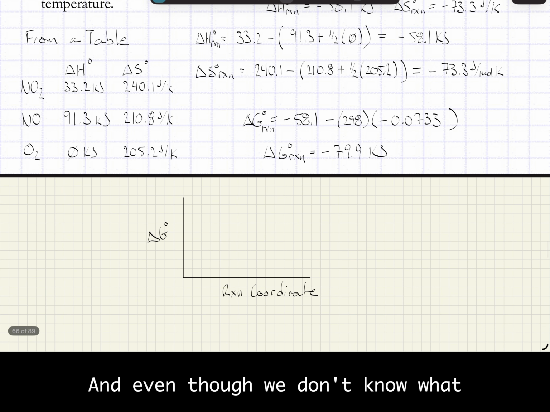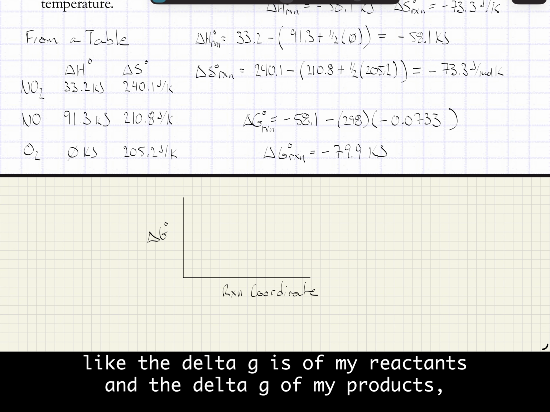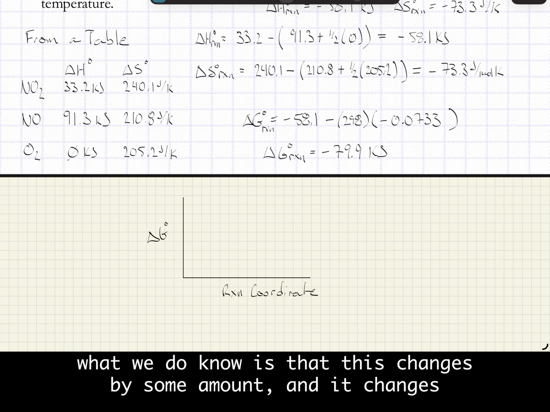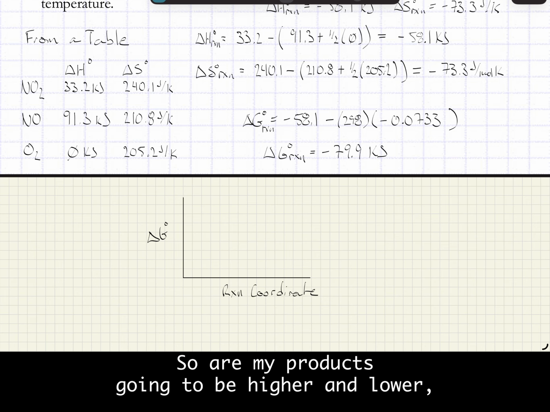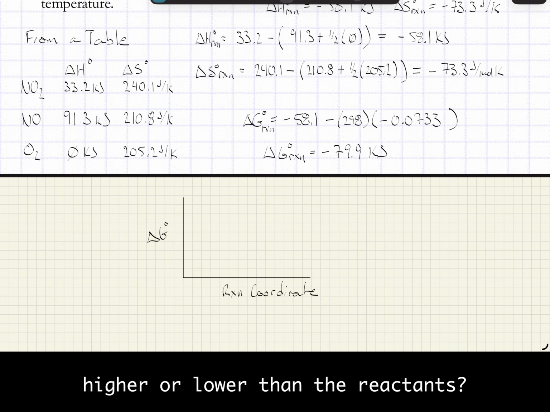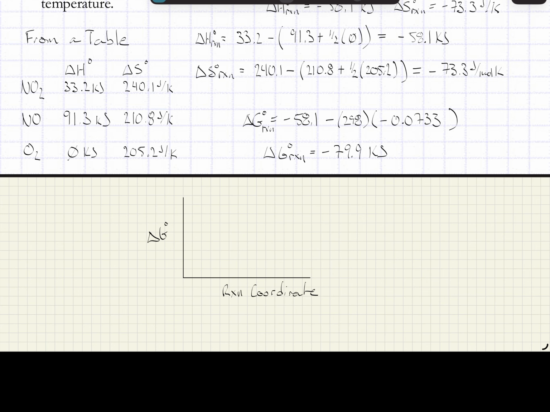Even though we don't know the delta G of my reactants and the delta G of my products, what we do know is that this changes by some amount, and it changes by a negative amount. So are my products going to be higher or lower than the reactants? Lower.